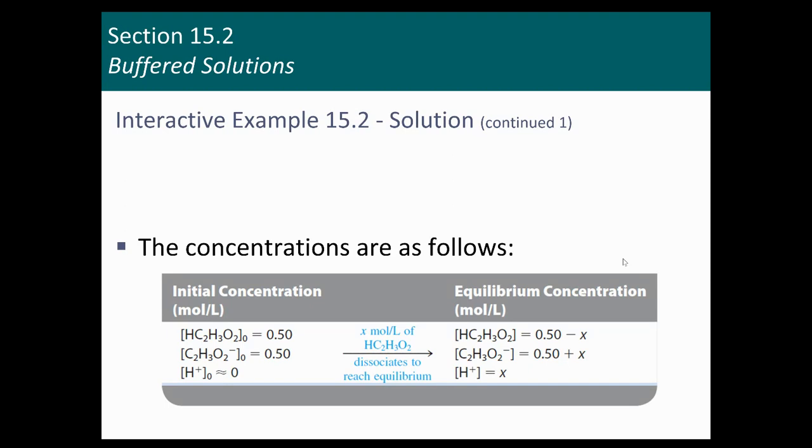Okay, so let's set up our ICE table. We're going to set up our equation for its ionization. Same thing we've been practicing over and over, and hopefully this is becoming very easy for you.